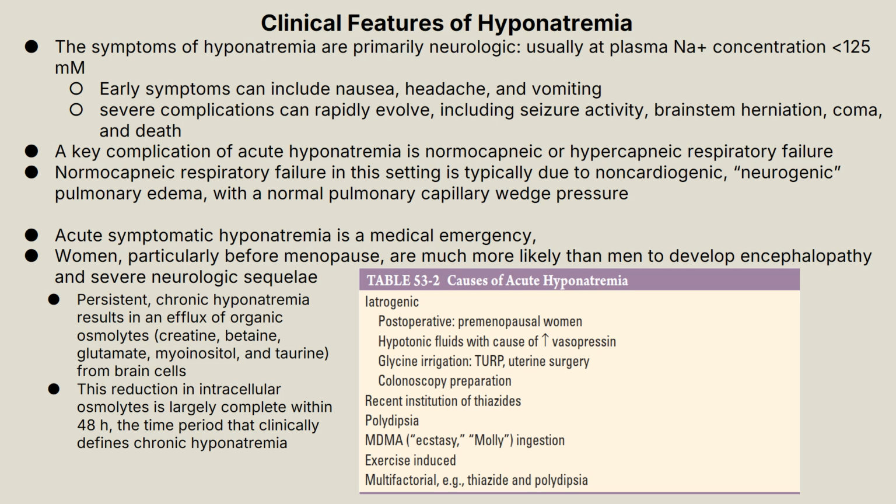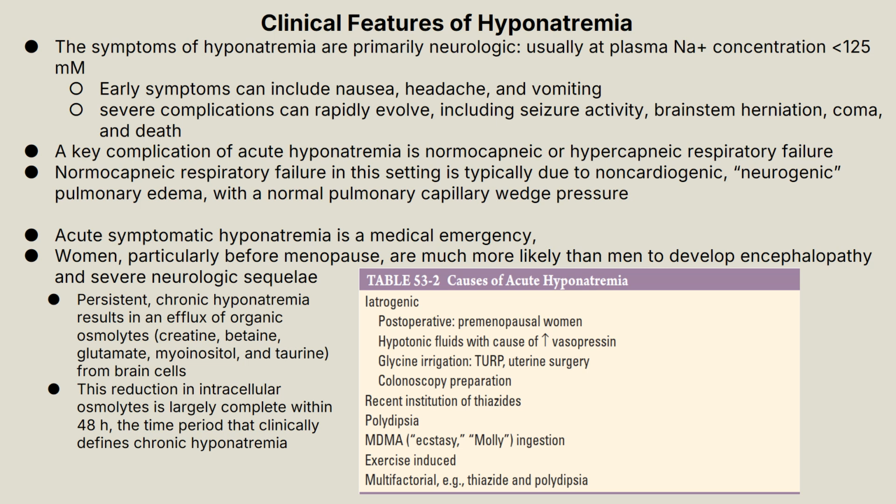Persistent chronic hyponatremia results in an efflux of organic osmolytes such as creatine, betaine, glutamate, myoinositol, and taurine from brain cells. This reduction in intracellular osmolytes is completed within 48 hours, and this is the time period that clinically differentiates between acute and chronic hyponatremia.